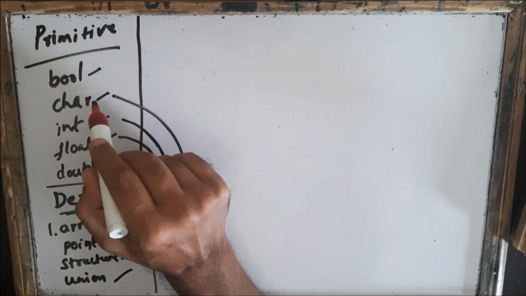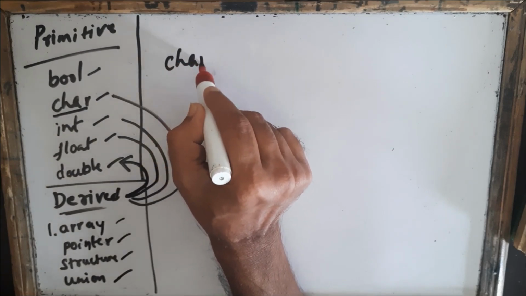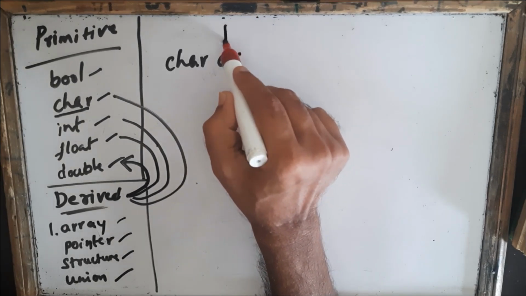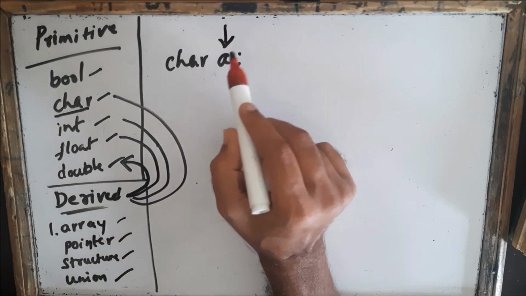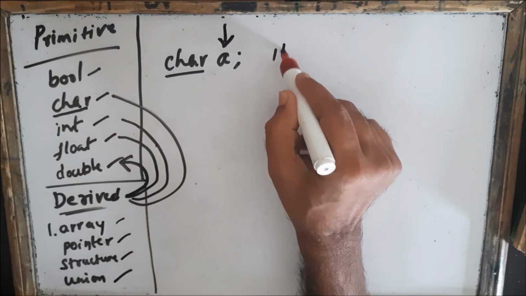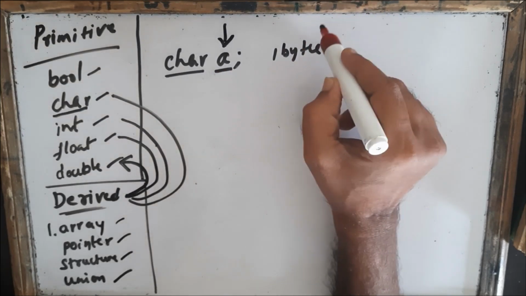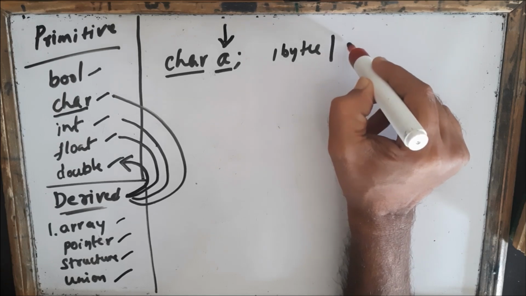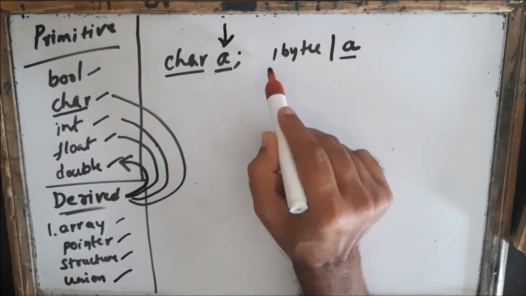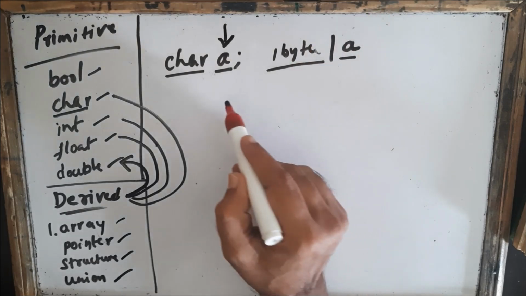Just say for example, for the character, when you say character A, when the compiler comes across this line, it identifies, okay, this is of type character, that means 1 byte, and the name is A, so this is the memory name, and 1 byte is allocated.